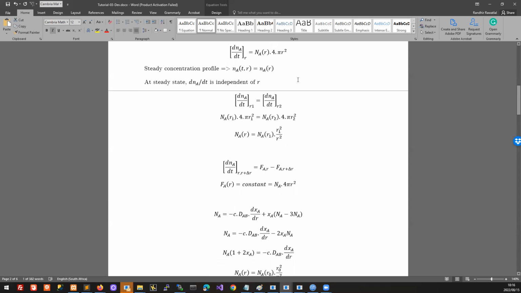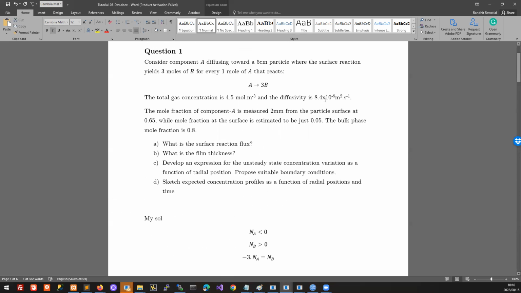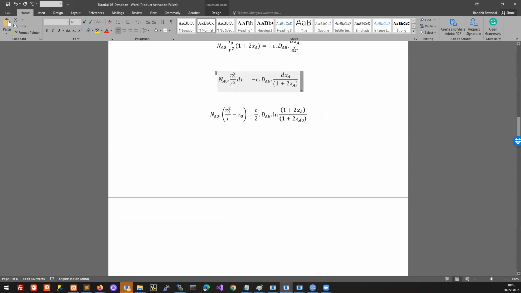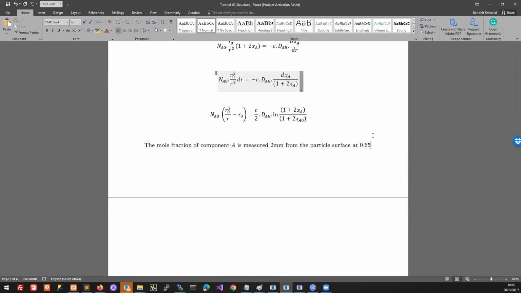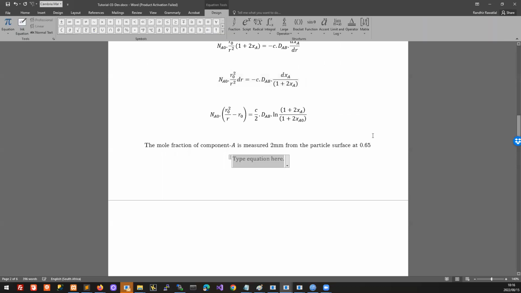Now, that's why we are given this extra point. So we are given this oddly specific piece of information. So we can interpret this to mean that we happen to know xa at a particular radial position. So this radial position is 2 millimeters from the particle surface.